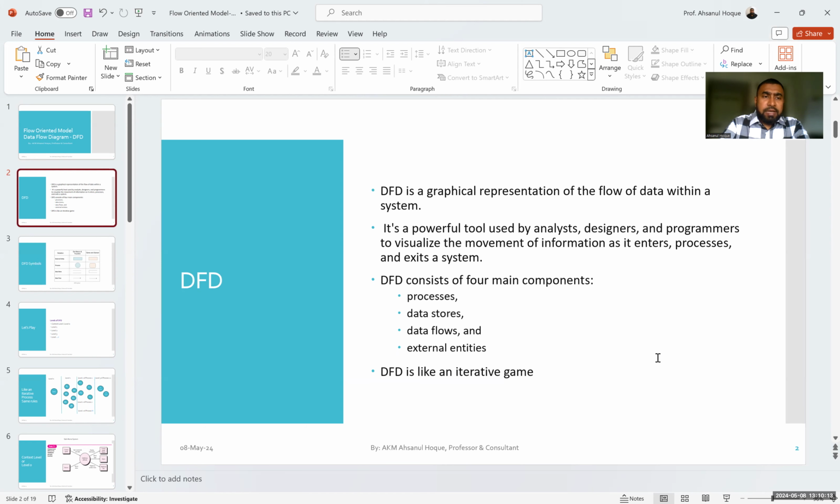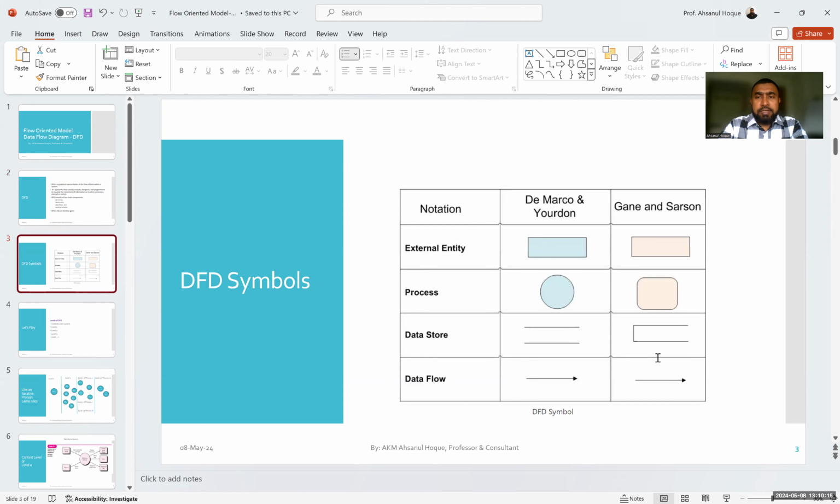In the data flow diagram, we use two different types of symbols: Yourdon and DeMarco symbols, or Gane and Sarson symbols. The external entity symbol is a rectangular box, or sometimes a square box. Gane and Sarson use this one. For the process, they use a circle, and Gane and Sarson use a cutting-edge square box.